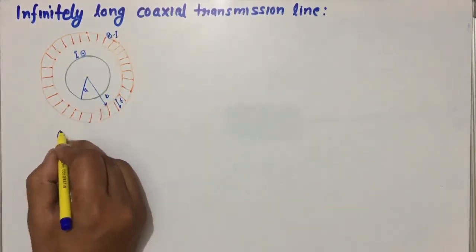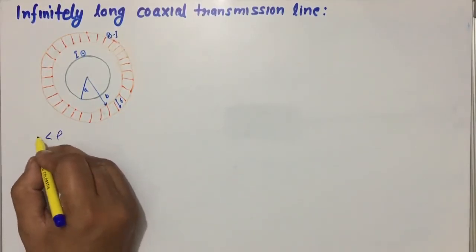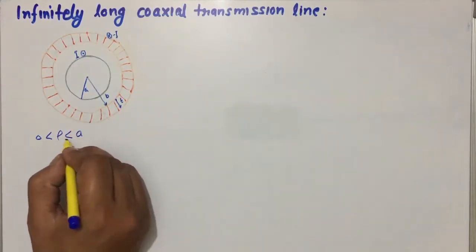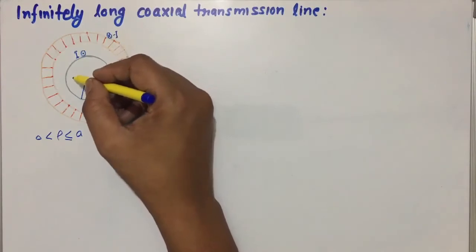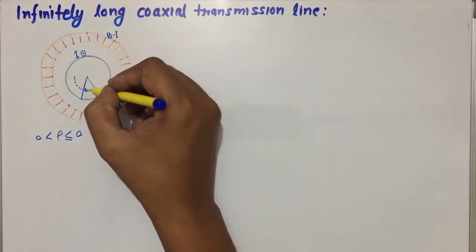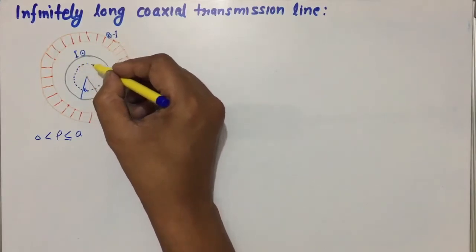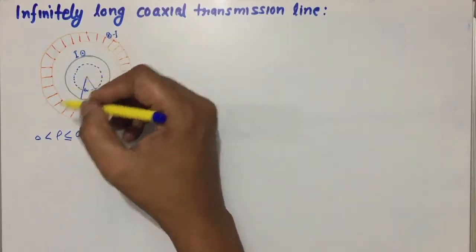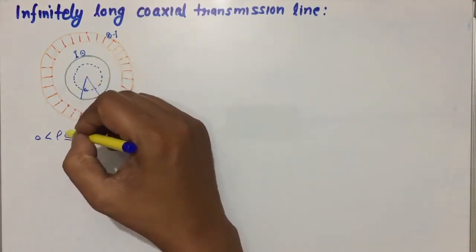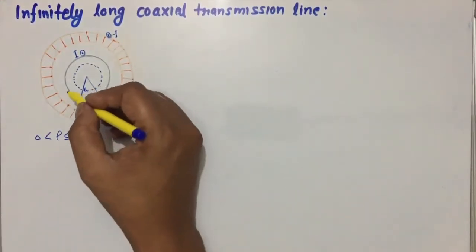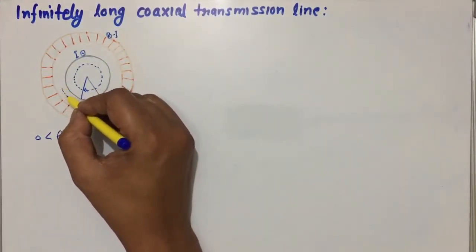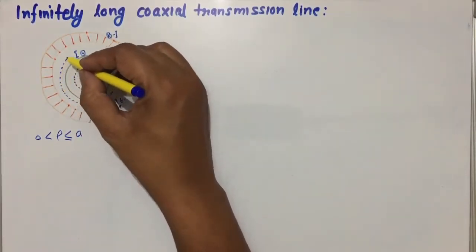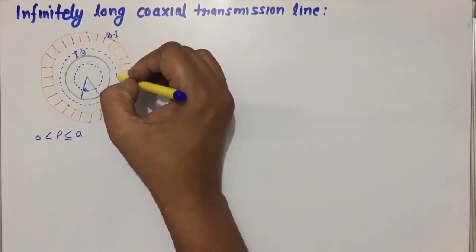First, if our point of interest is less than a, in this case the Amperian path is considered like this, and rho can vary from 0 to a. Now second, if the Amperian path lies in this region, in that case we will try to find the intensity.